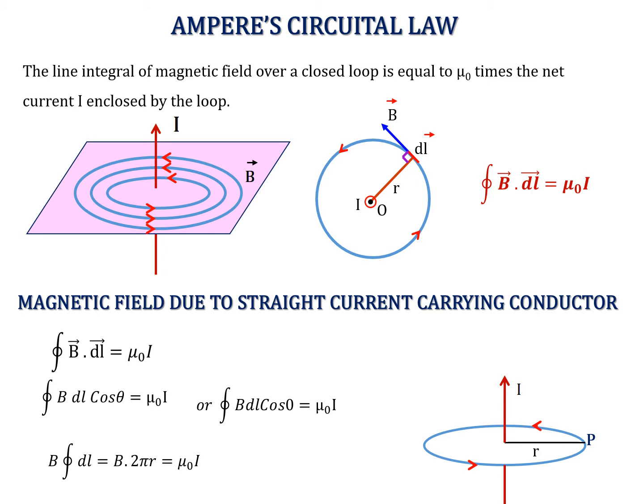Integral of dl will be the total length of the loop, which is equal to 2 pi r. So B into 2 pi r is mu naught I, or B can be written as mu naught I upon 2 pi r. For a given current, magnetic field is inversely proportional to distance from the conductor.